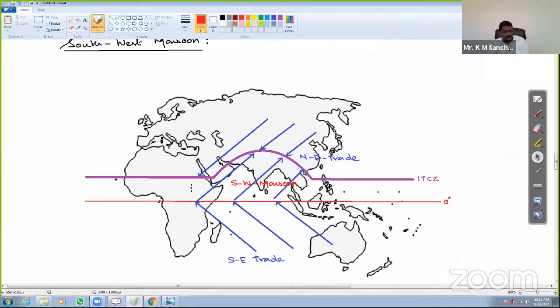One liner, my friend: the deflected southeastern trade becomes the southwest monsoon in the northern hemisphere. Why? Simple: Coriolis deflection. As and when it enters the northern hemisphere, it gets deflected towards the right and flows as the southwest monsoon over India.